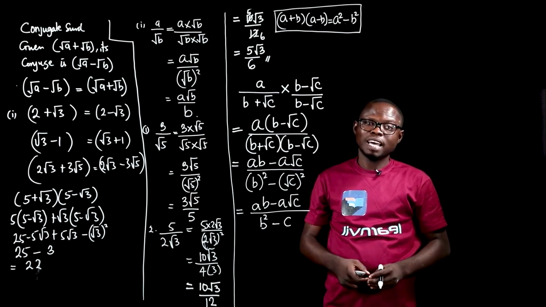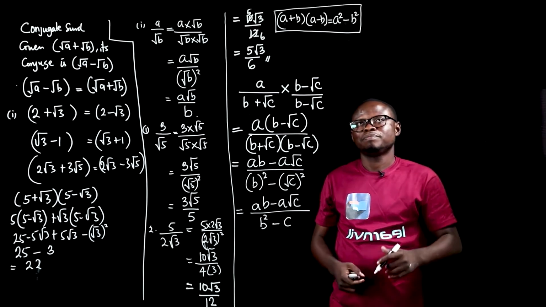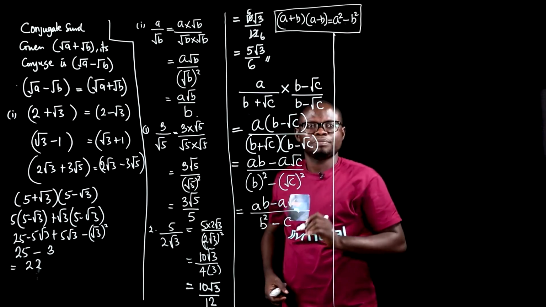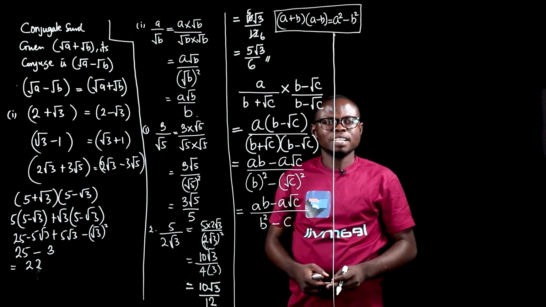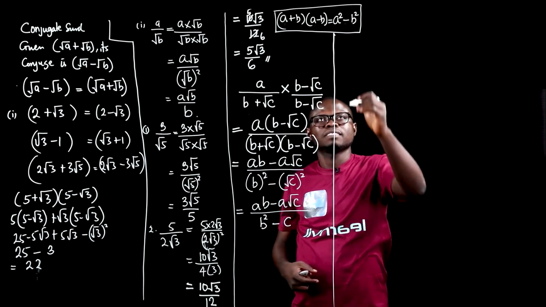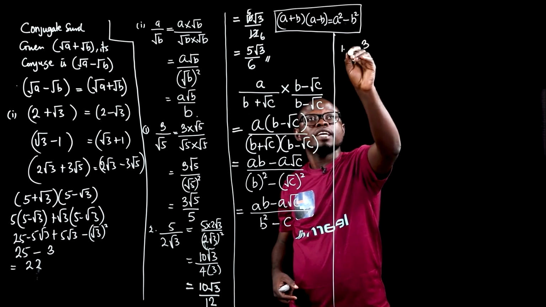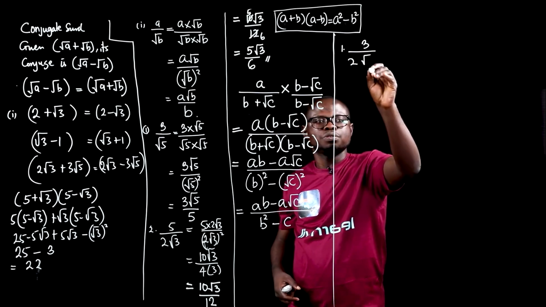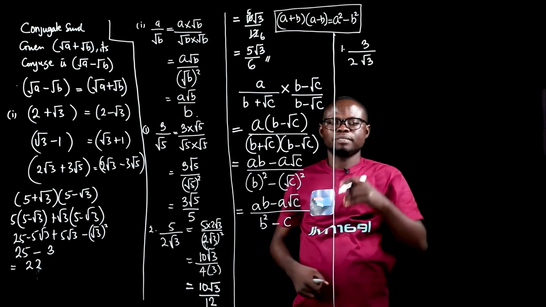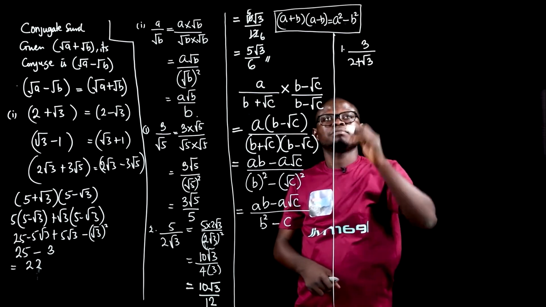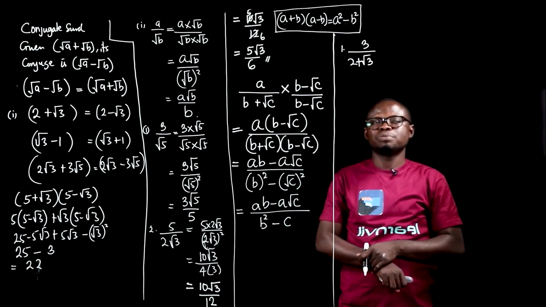Let us now take a live example. Rationalize and simplify 3 over 2 plus root 3.